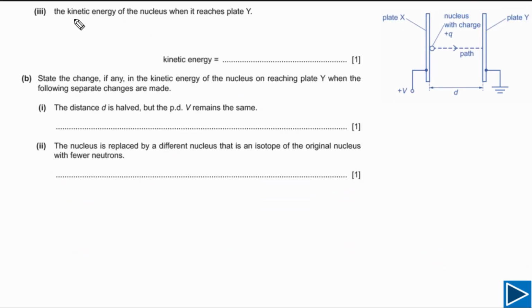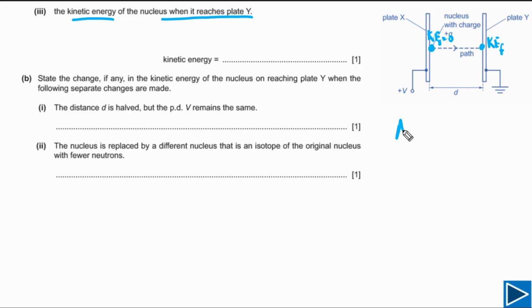For this part, we need to calculate the kinetic energy of the nucleus when it reaches plate Y. When this nucleus was at plate X, its kinetic energy is equal to 0 because it was stationary. So we can say the initial kinetic energy of the nucleus is equal to 0. When it reaches plate Y, it has a certain amount of kinetic energy, which we can call the final kinetic energy.